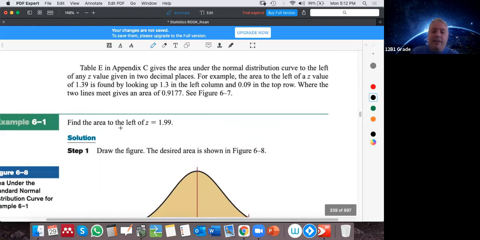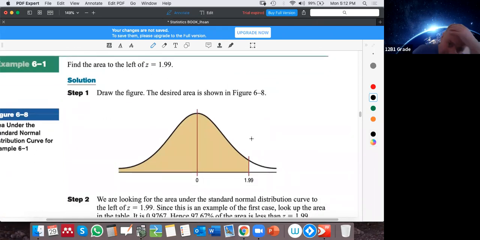Now, find the area to the left of 1.99. What does it mean? When the z score is 1.99, there is of course one x value here. What will the x value be right now? I don't know, it depends on the question, but there is one x value.